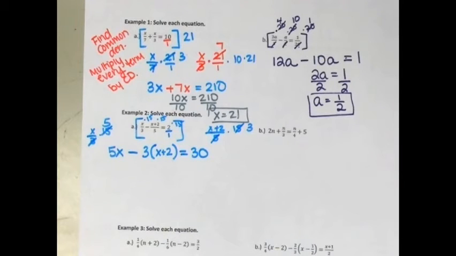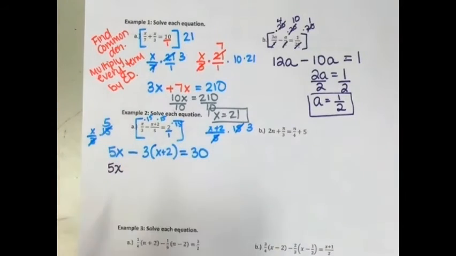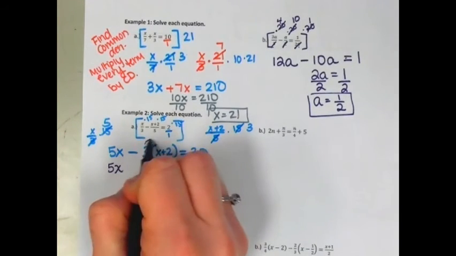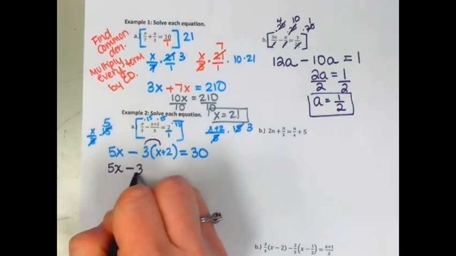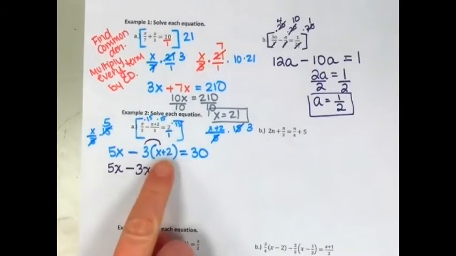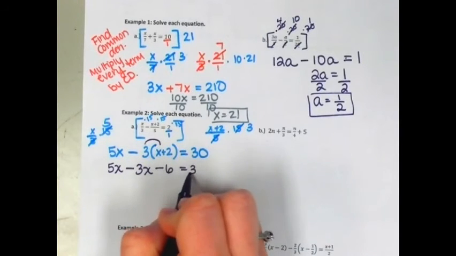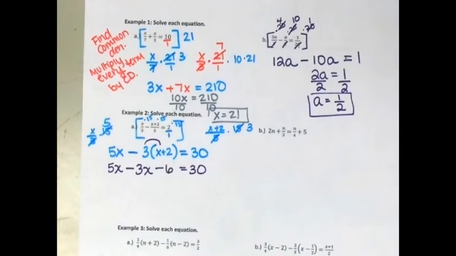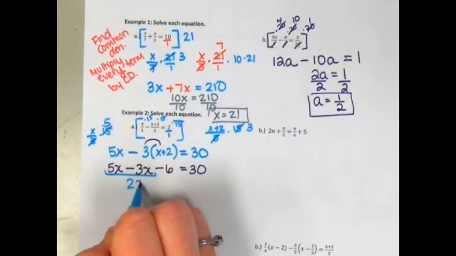Yeah. What's my first step? Distribute. And what am I distributing? -3. So it's -3 times x. -3x. And what's -3 times 2? What is 5x minus 3x? 2x.